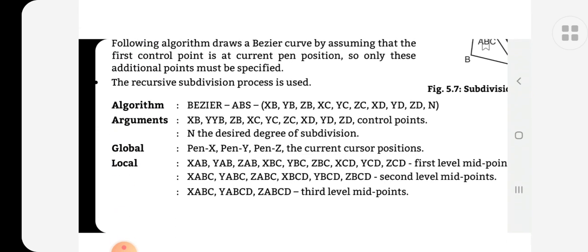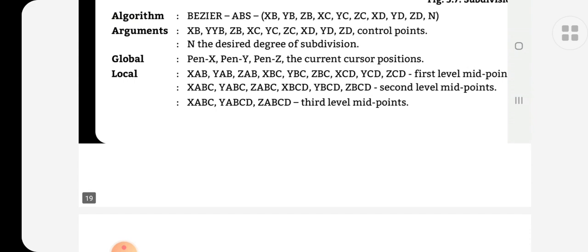Then its algorithm is here. Bezier, with arguments XB, YB, ZB, XC, YC, ZC, XD, YD, ZD. These are the control points. Then global pen X, pen Y, pen Z, the current cursor position, and then the local points here.